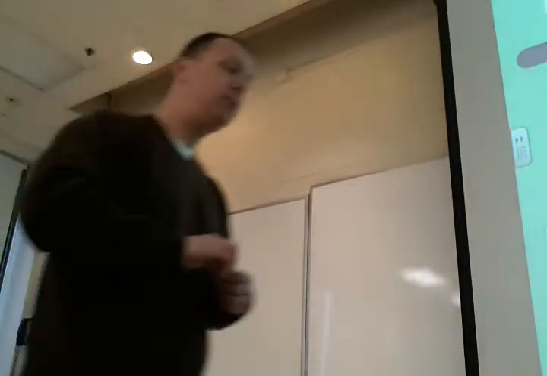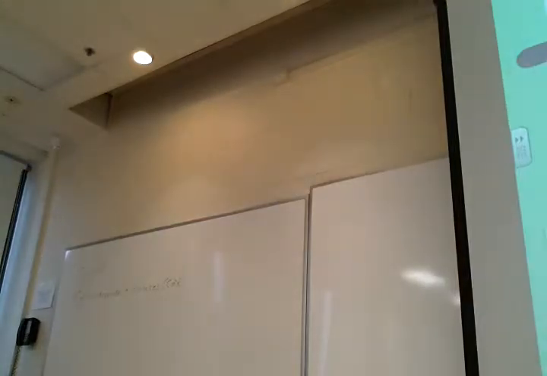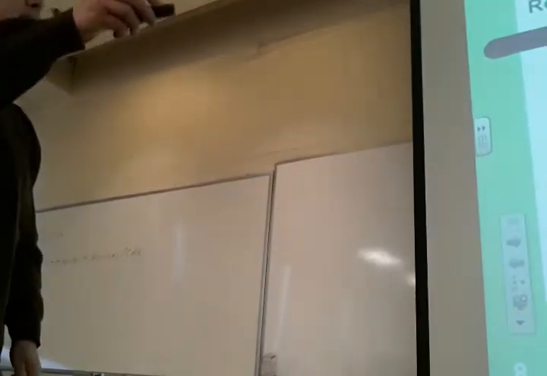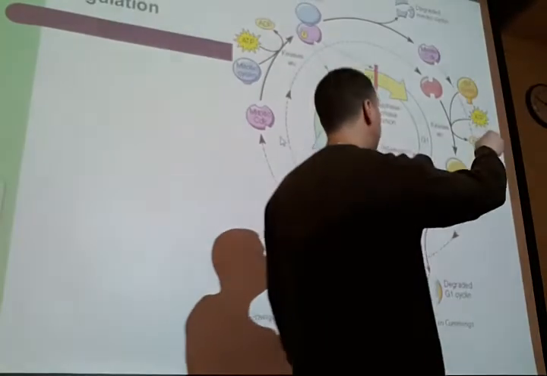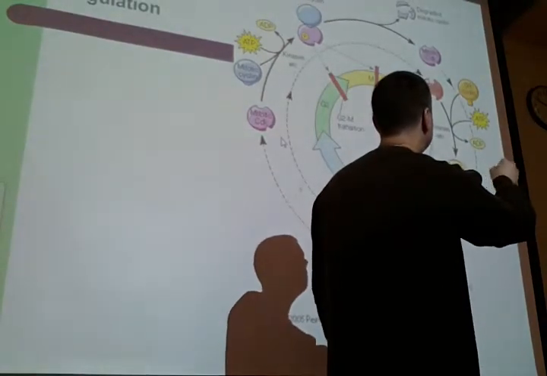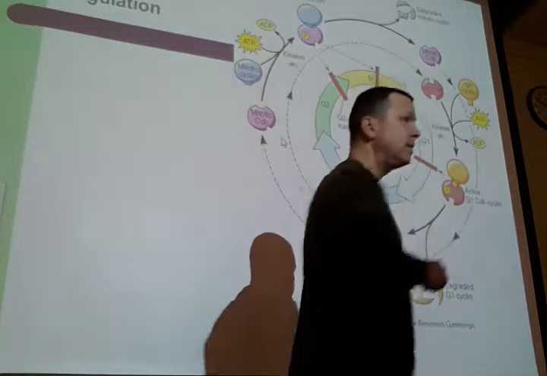Okay, so we saw, well, this is the second one that we'll look at, but there is another G1 cyclin, it's right here, whose concentration increases during G1 and sort of peaks towards the end of G1, and that's going to push the cell through that transition into S. So as that G1 cyclin concentration increases during G1, it hits a concentration at which it can attach to the G1 CDK.